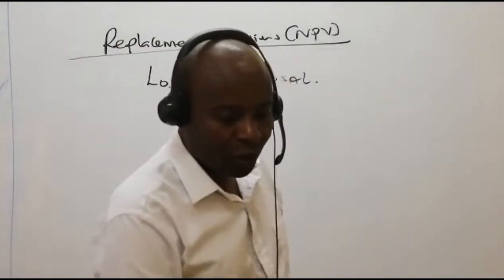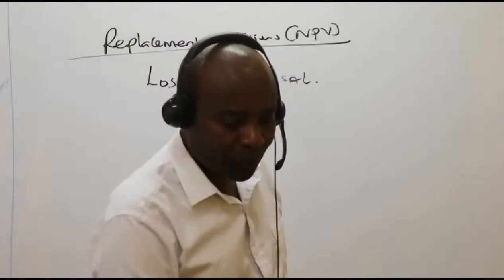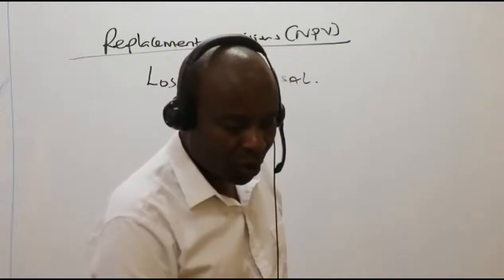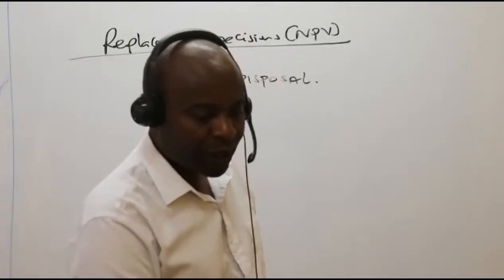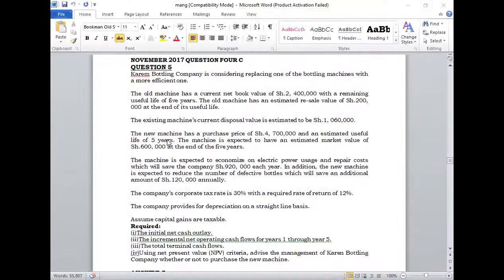So what is the loss on disposal? I know you took a photo of this. The loss on disposal is here. We know that this old machine has a current net book value of 2.4 million with a remaining useful life of 5 years.